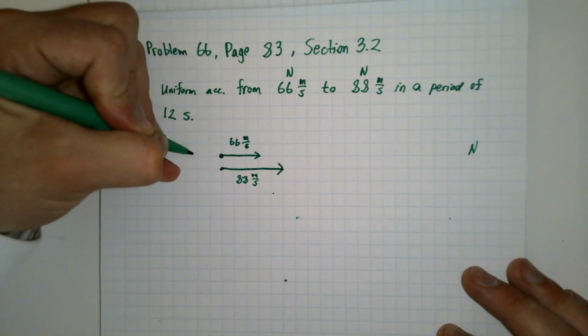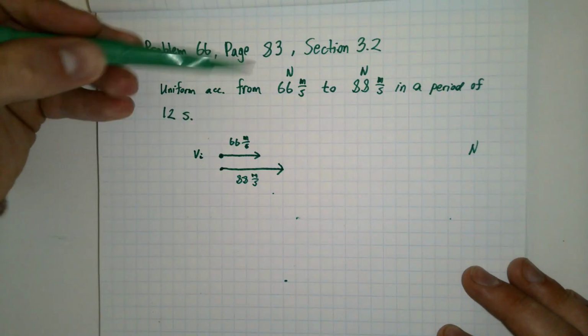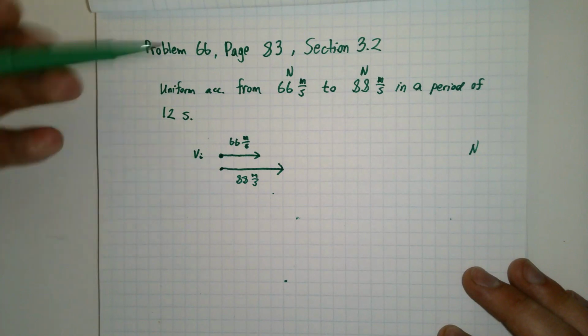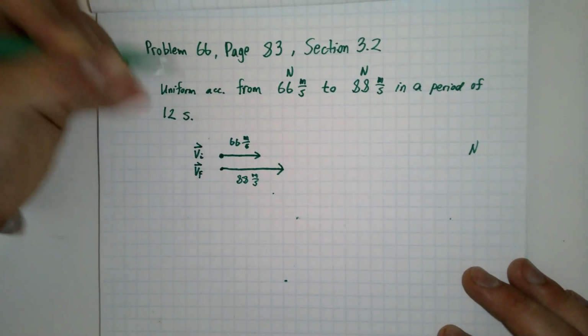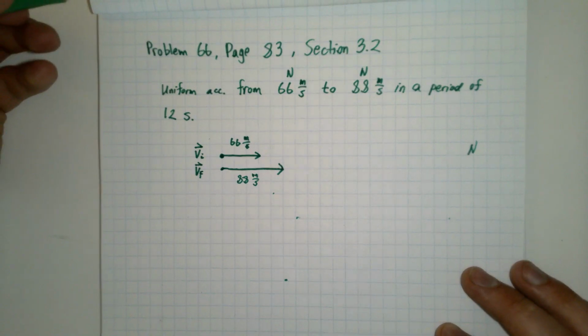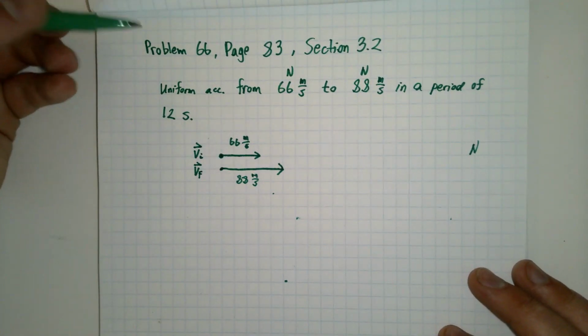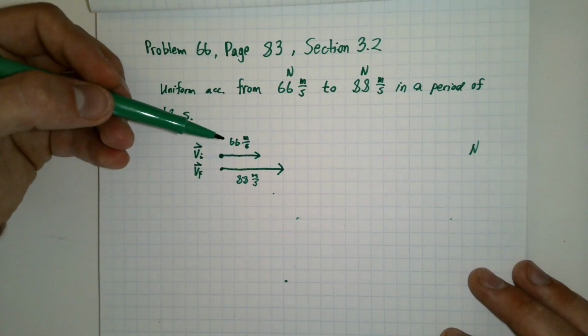This velocity vector, we'll call our initial velocity vector, because that's the velocity we start at. This velocity vector, we'll call our final velocity vector, because that's the velocity we end at. We could represent the change in velocity both visually through the vectors and numerically.